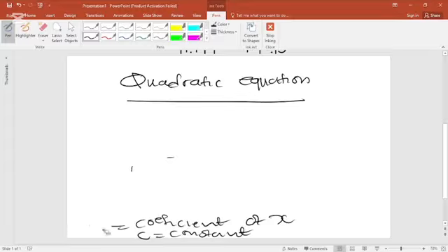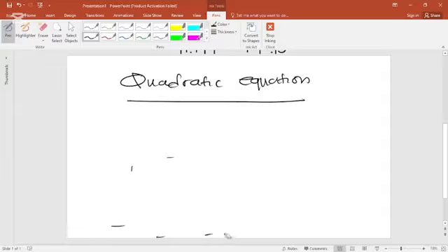Let me just get rid of this. Okay. Alright, so let's have some examples of a quadratic equation. We are going to look at some of the examples that you may have in your tests.